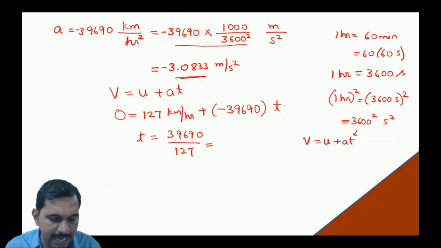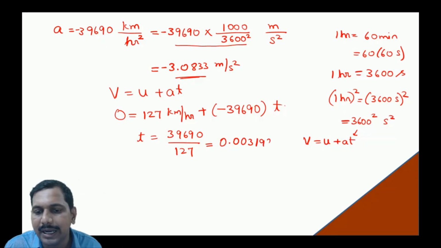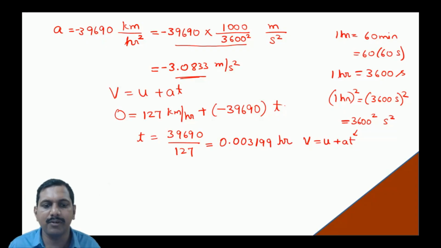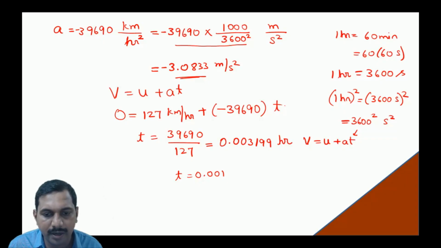the answer as 0.003199 kilometers. No, it's not kilometers, it is hour, because for time we are using hour. So time is equal to 0.00319 hours.